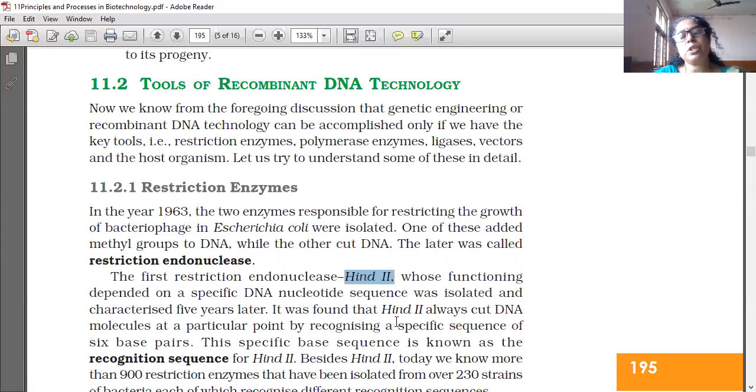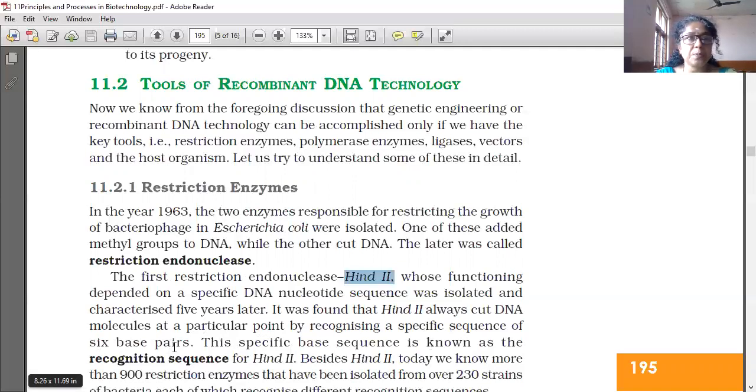It was found that HindII always cut DNA molecules at a particular point by recognizing a specific sequence of 6 base pairs.